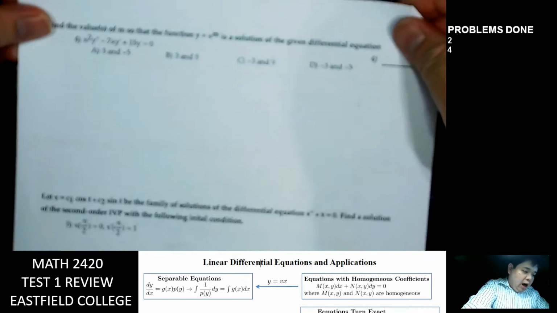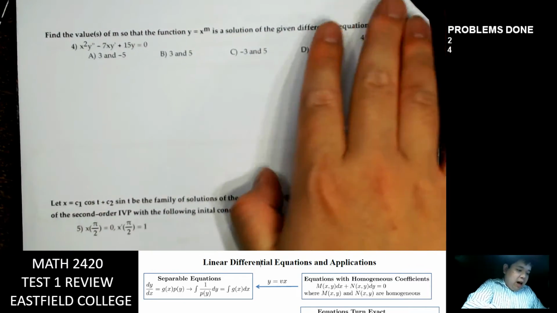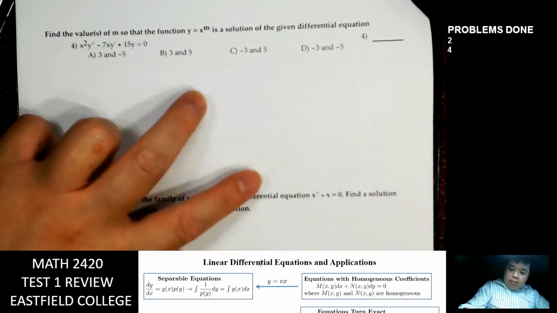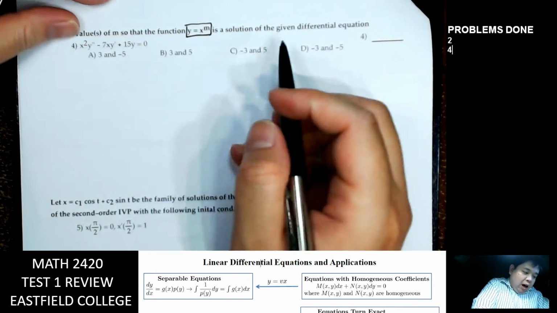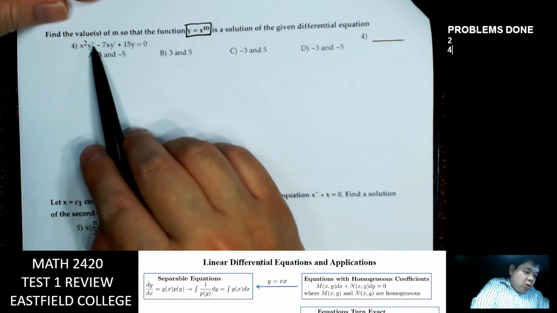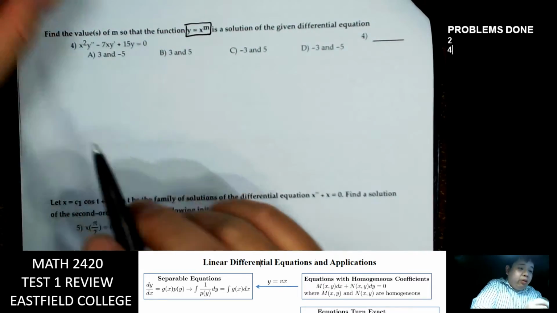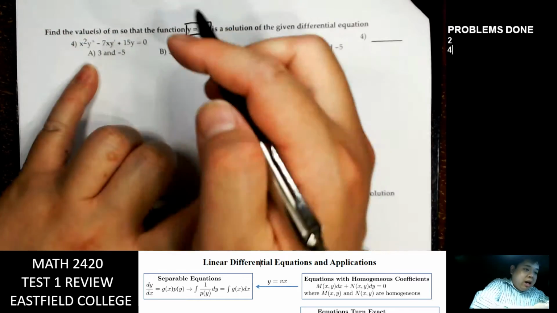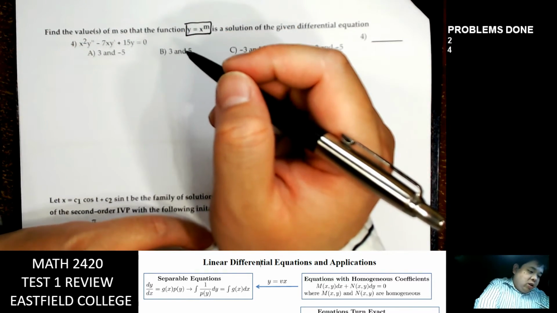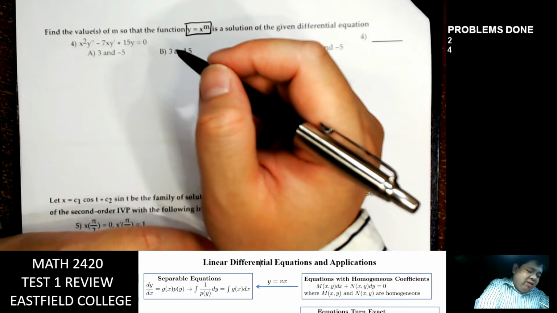Right. Number 4. It says suppose the function is y equal to x to the m power. Now we'll find m so that this differential equation is satisfied. Later on we'll see that this is a Cauchy-Euler equation, I think section 4.7.